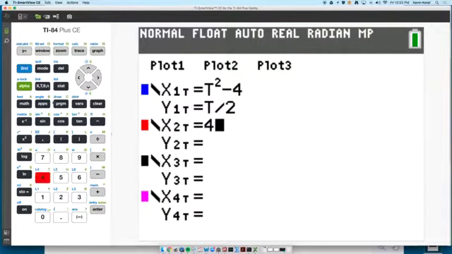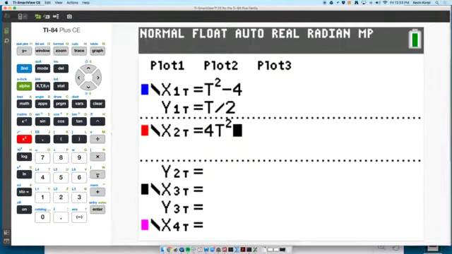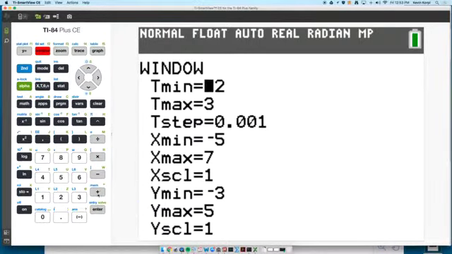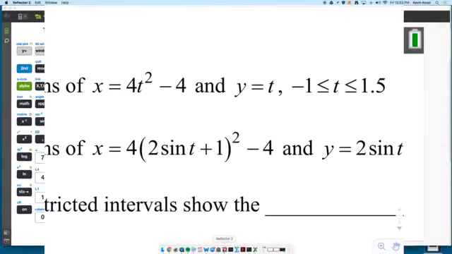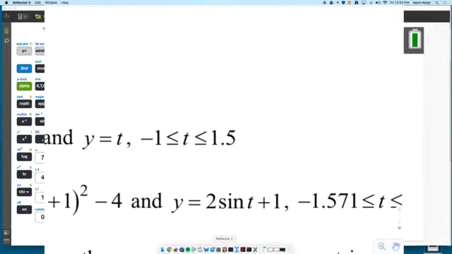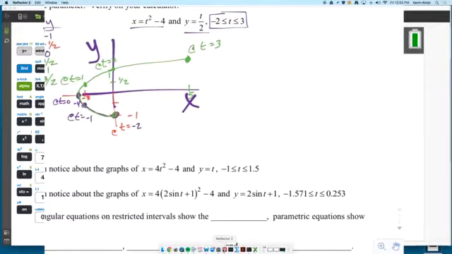But if you type in 4t squared minus 4 and t for your y, and you reestablish your parameter to the one I gave you, from -1 to 1.5, notice it looks like we're graphing it now on half the t window that we did prior. You see that? We went from -2 to 3 prior, but now we're only going from -1 to 1.5. So I halved the parameter value.